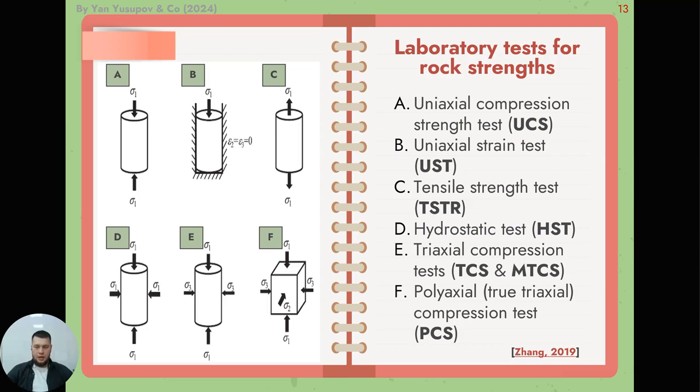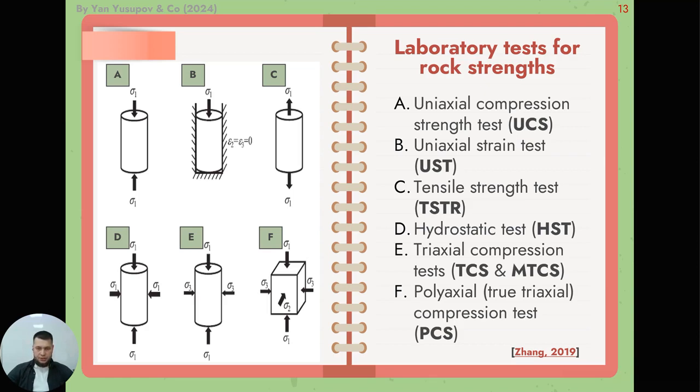At first is the uniaxial compression strength test, also called UCS, when the cylindrical rock specimen is only compressed in the axial direction by axial load. Secondly, this is the uniaxial strain test, UST, when the cylindrical rock specimen is only loaded in the axial direction and there is no lateral displacement.